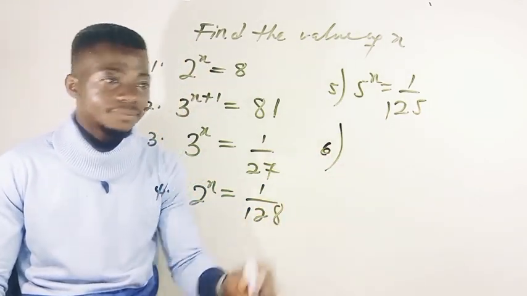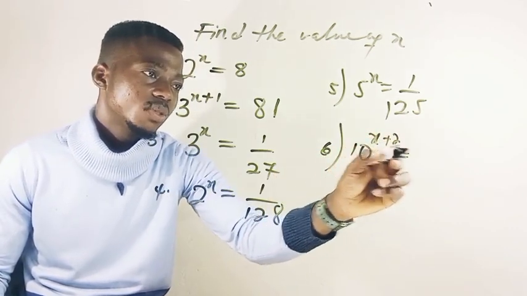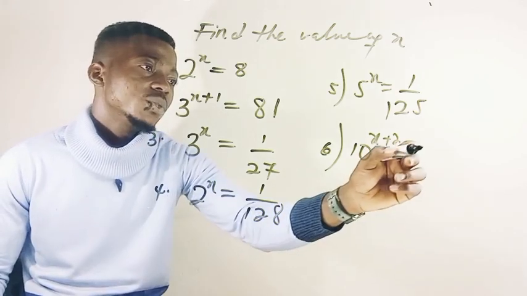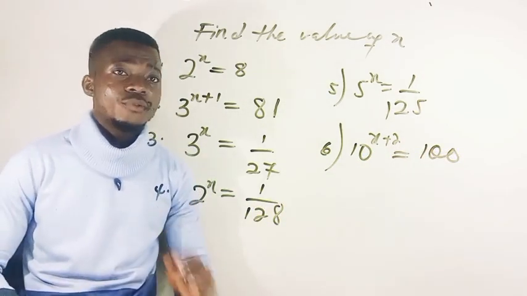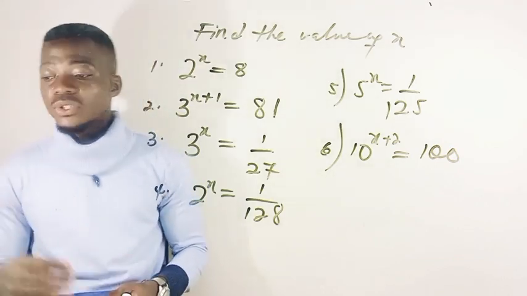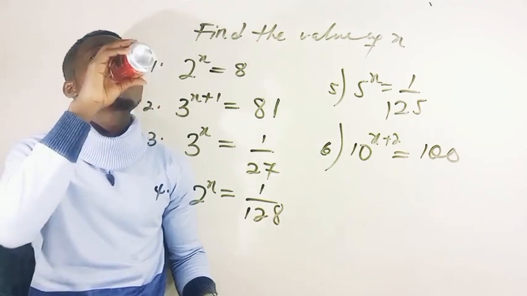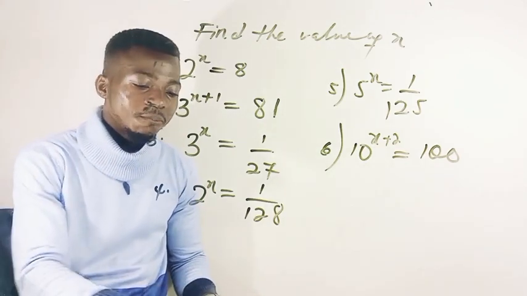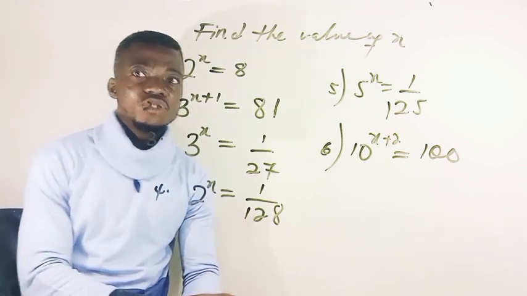Then number 6, 10 exponent x plus 2 equal to 100. So these are the questions I'm giving you for you to do for me. Very simple questions, and you ought to try that for me.